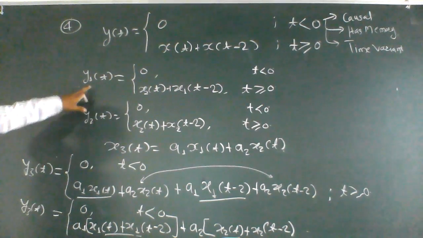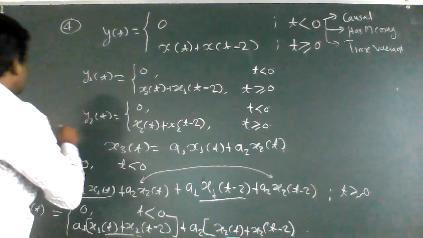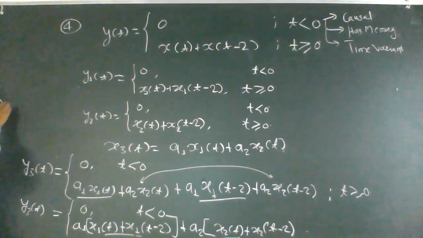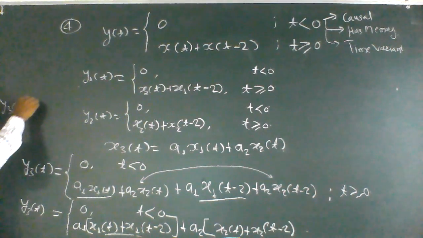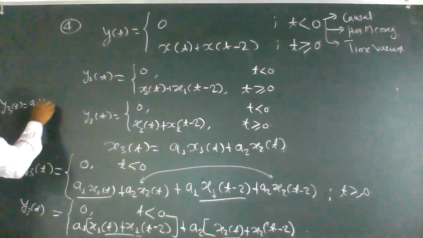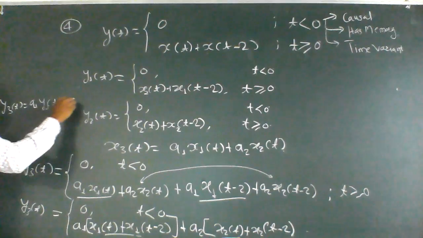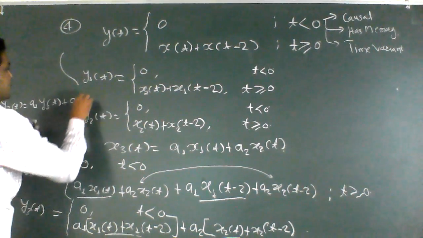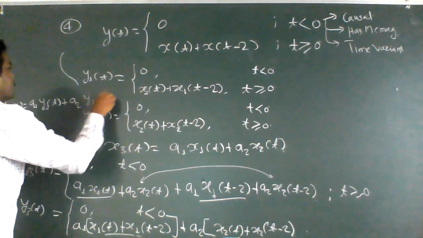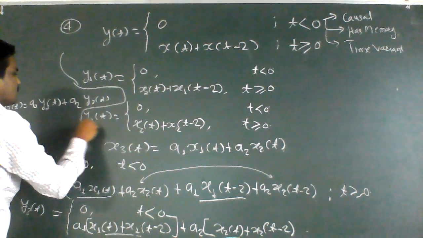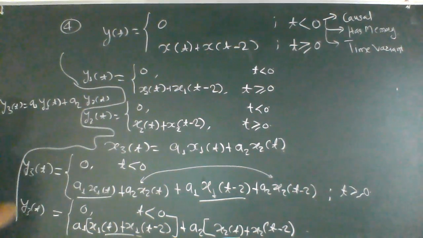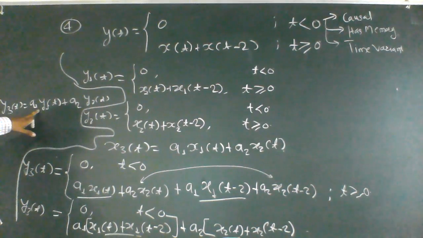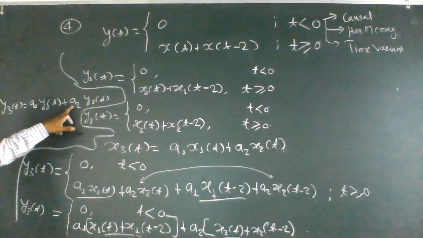So this is y1. I will rewrite it here. y3 of t is equal to a1 y1 of t plus a2 y2 of t.